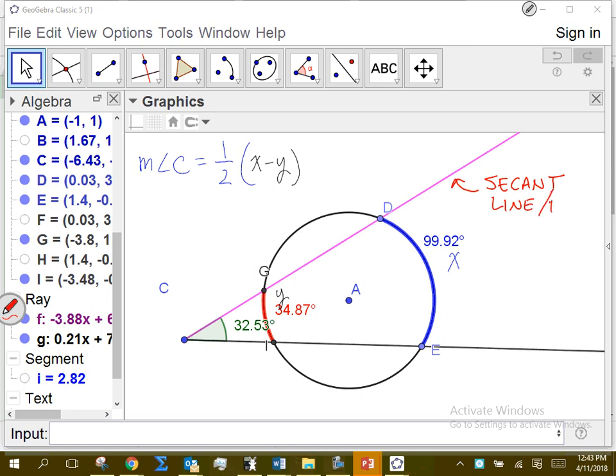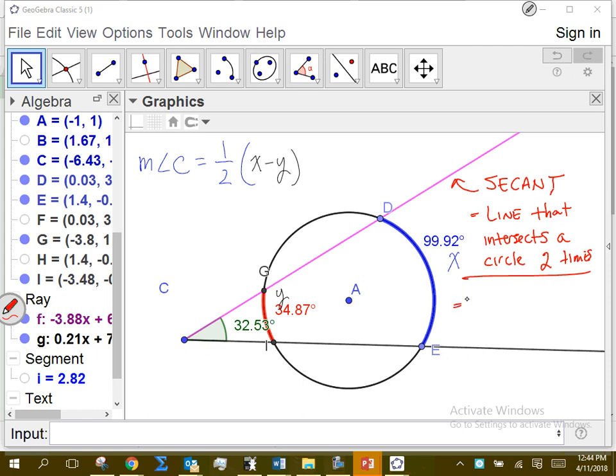Obviously here it's a ray, so a secant ray maybe. But anything that ever says secant, secant is simply a line that intersects a circle. How many times? Two times. Okay.